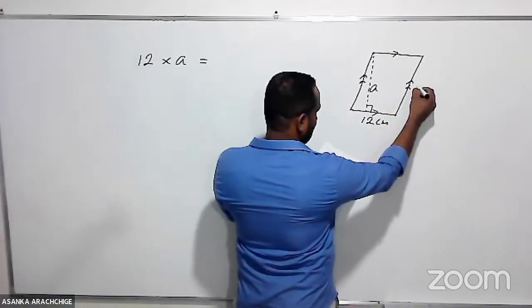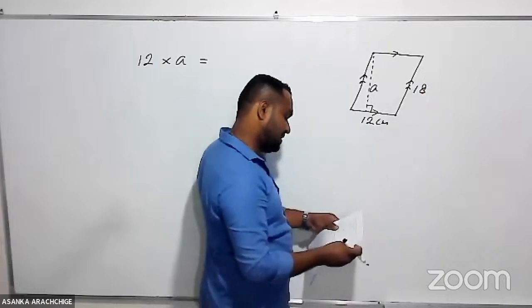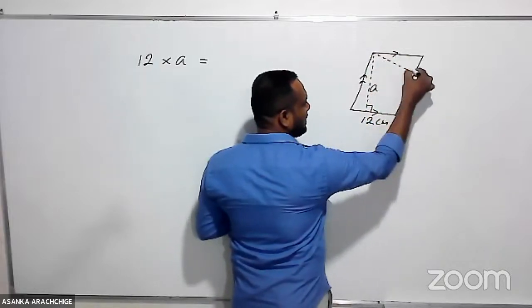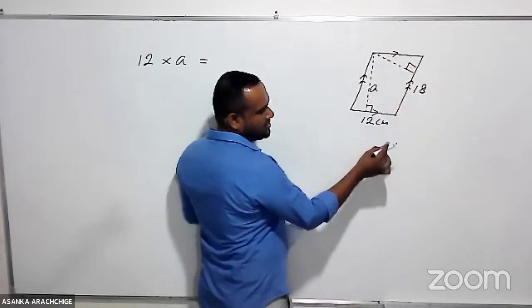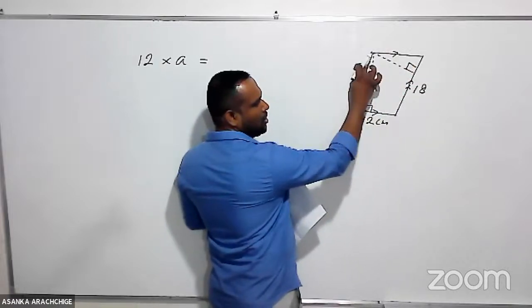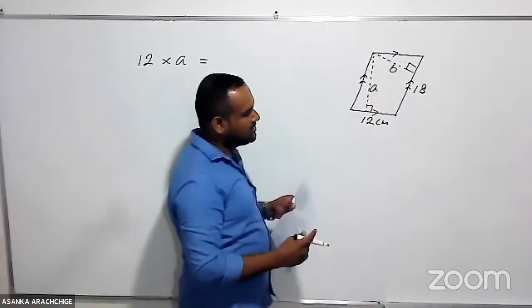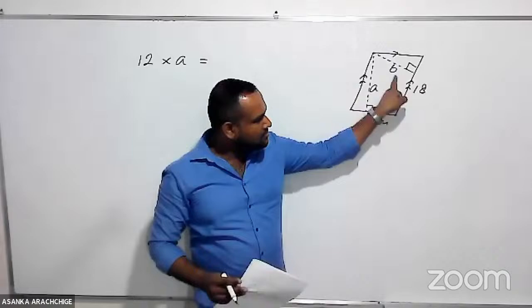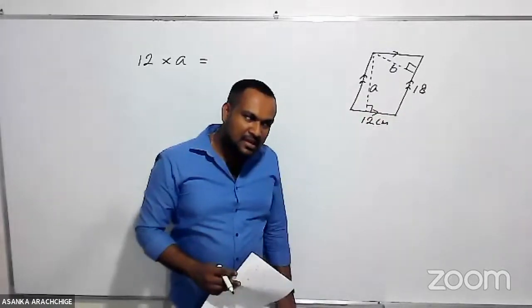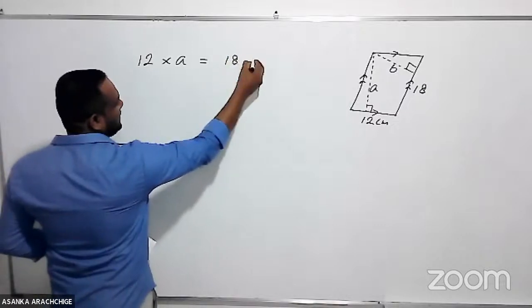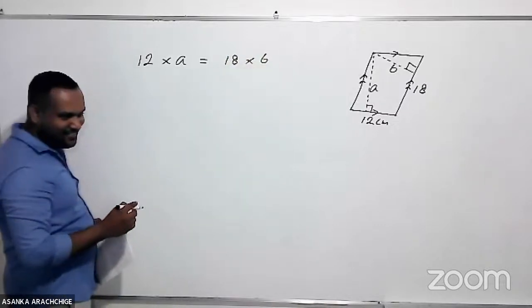Then, what is the area of the same figure? We are given this is 18 centimeters, and the perpendicular distance between this side and the opposite side is given to be 6. Then the area in terms of these two is 18 times 6. Is that clear?